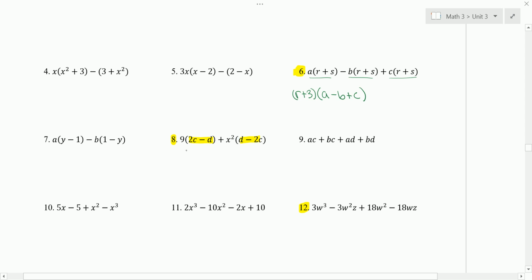You can make them alike by factoring out a negative sign. What I mean is I could rewrite the first part, I'll factor out a negative. So if I make this a negative x squared, that means I need to change the signs of what's in here, make it a negative d and a positive 2c.